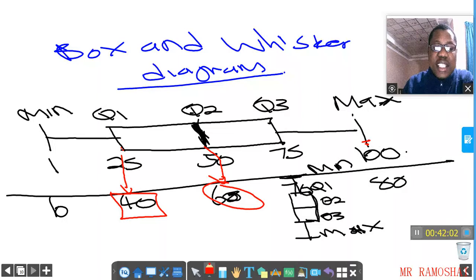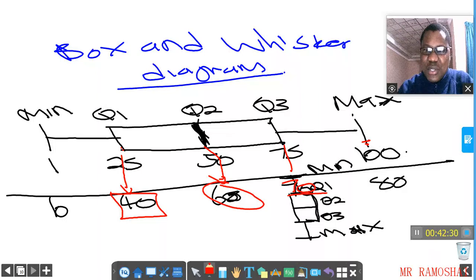So 25% got less than 40 and 75% got more than 40. Then let's come here to 70 marks. It means 75% of the class got less than 70 marks, whereas 25% of the whole class got above 70 marks. I hope it makes sense.